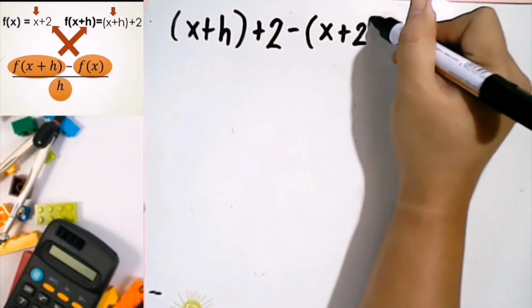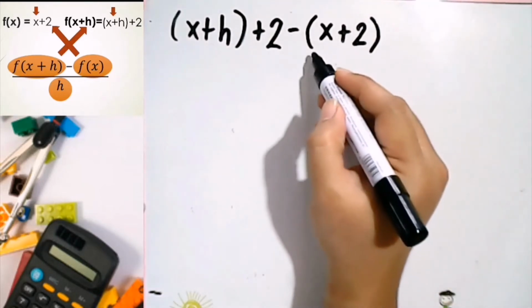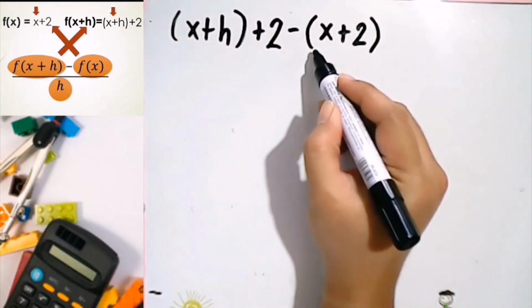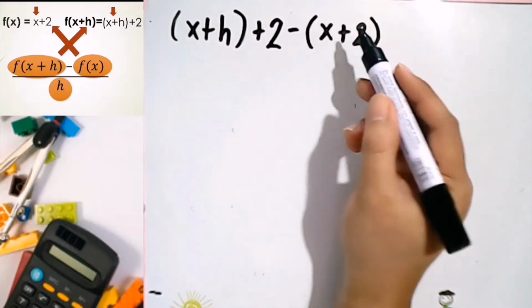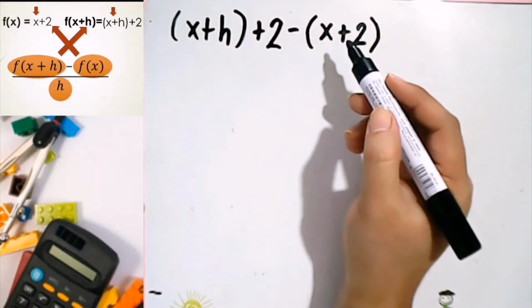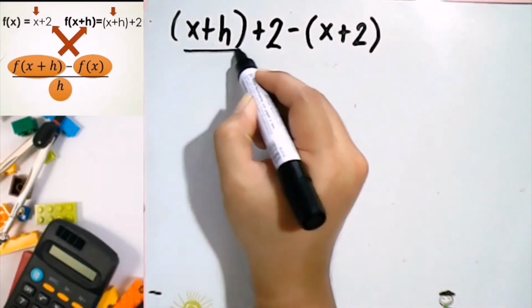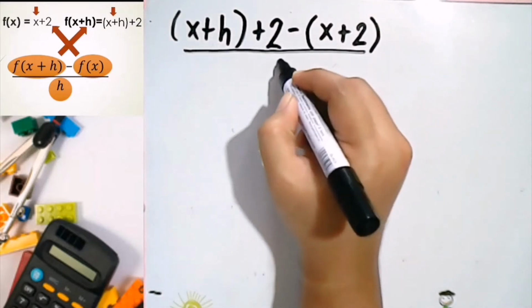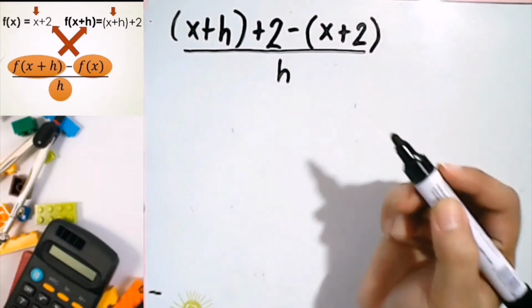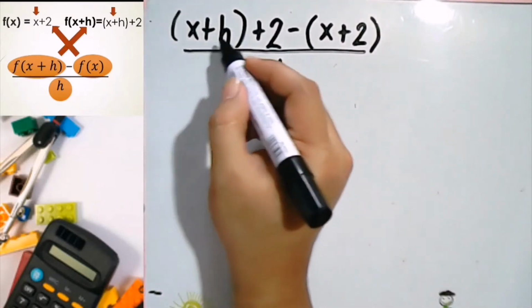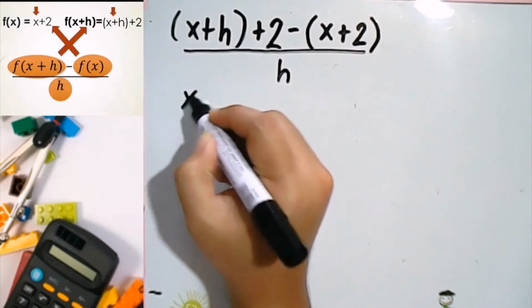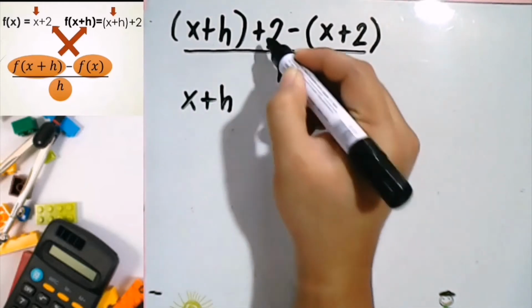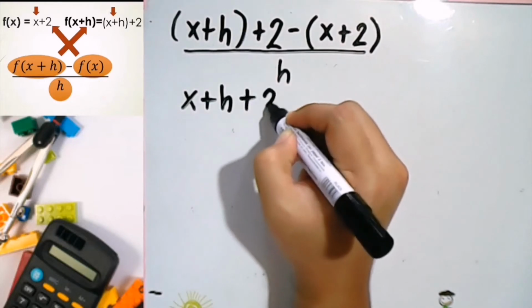Make sure you put a parenthesis on f of x so that you will distribute the signs, okay, all over h. And then now try to simplify x plus h. So the answer is x plus h plus 2.